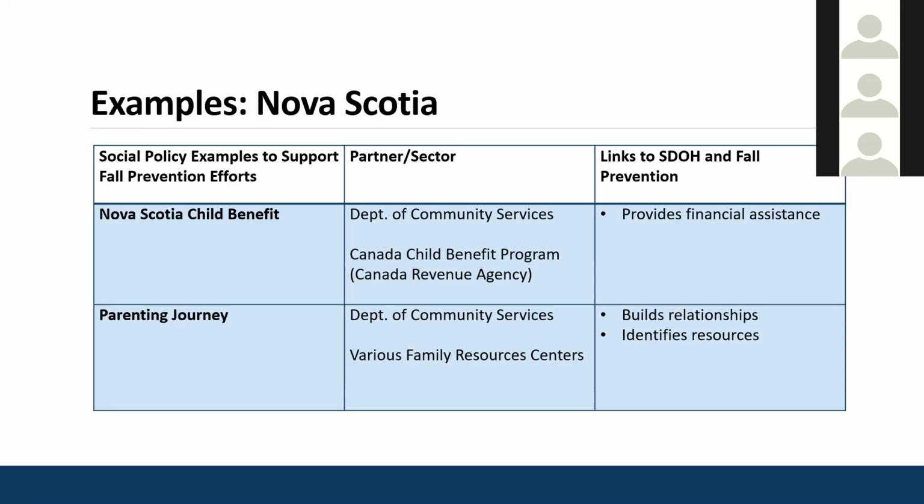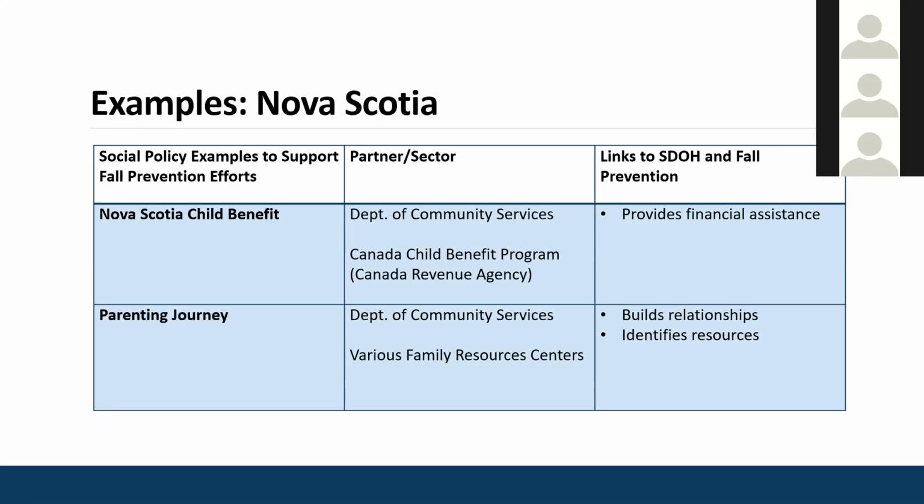It's linked to social determinants of health and fall prevention in that it provides financial assistance to lower income families with children. This money could then be put towards items such as safety equipment, which may in turn help prevent falls in the home. Its partnership and sector is the Department of Community Services, as well as the Child Benefit Program through Canada Revenue Agency.